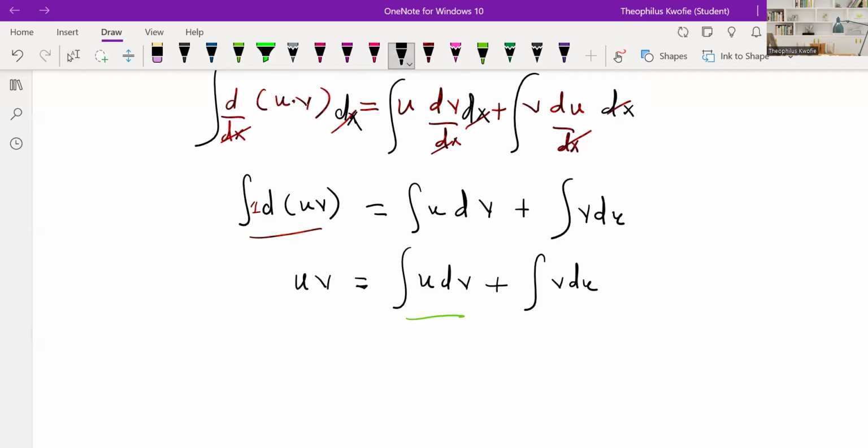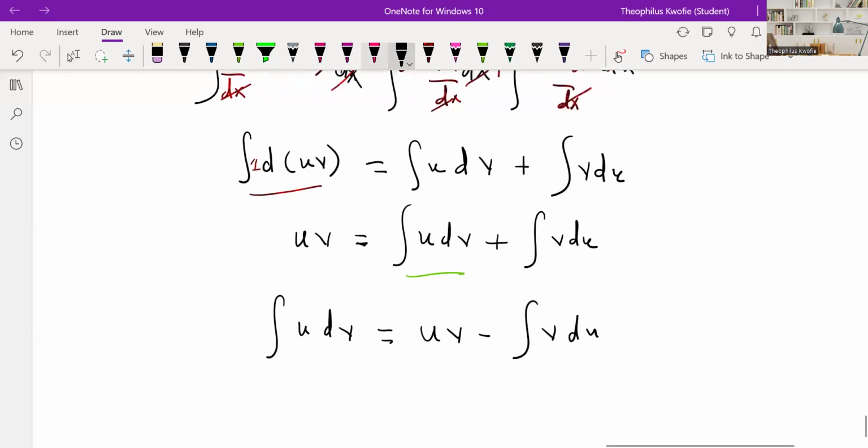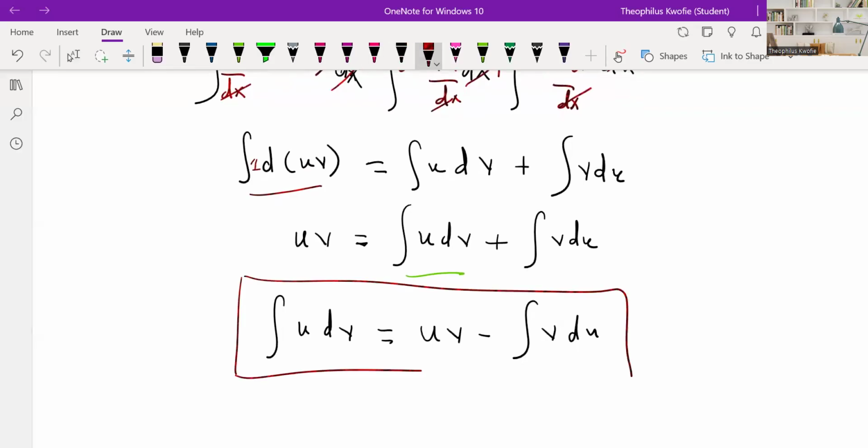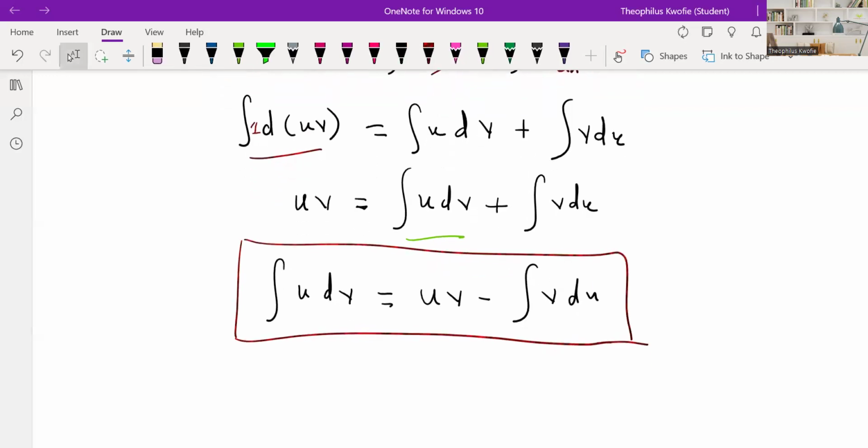By isolating that, we have the integral of u dv equal to uv minus the integral of v du. So this is our integration by parts formula. Now we've been able to derive our integration by parts formula.